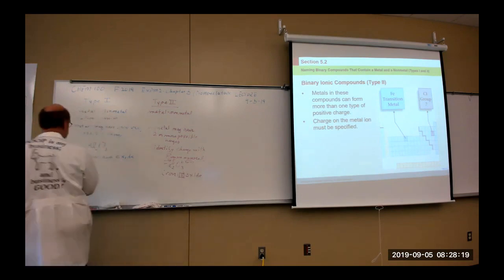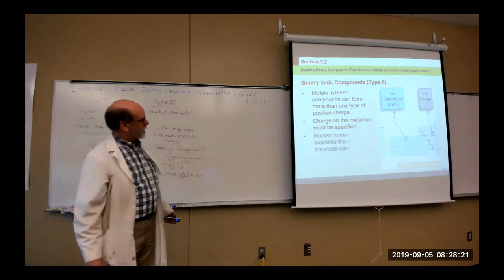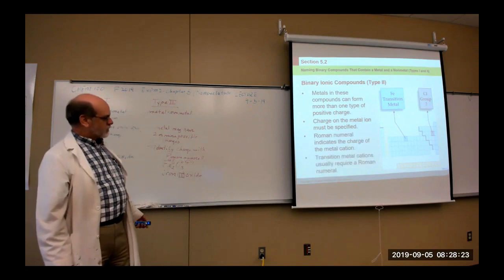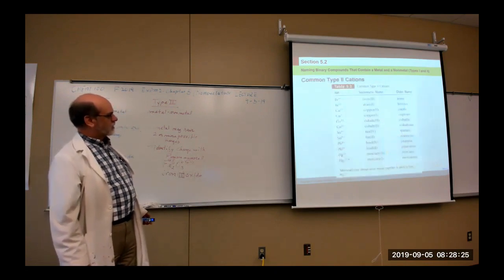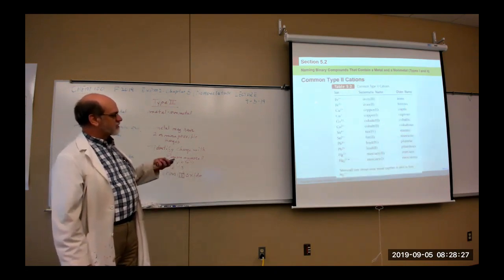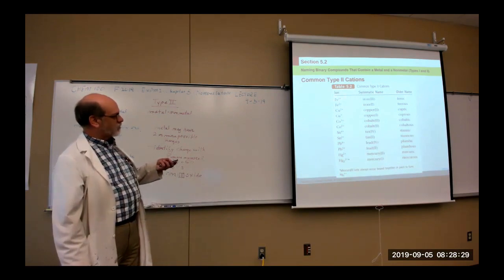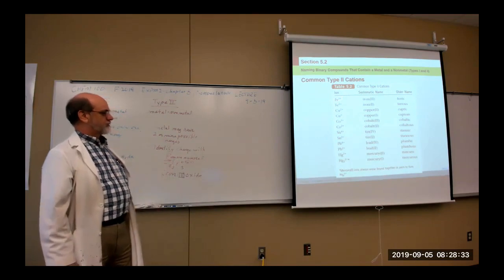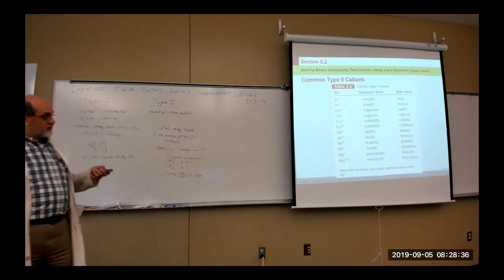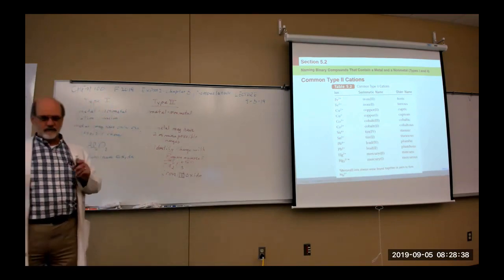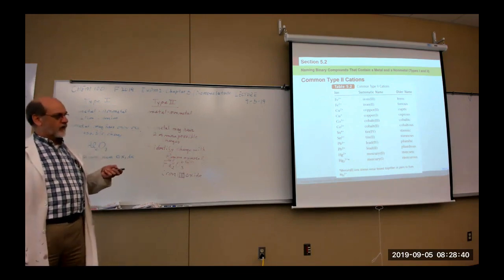Let's see if we can do, well, we've probably got examples up here. Why don't I let slideshow do some of the work? There's some possibilities. So iron, we worked with this one right here, iron 3 plus. An older system, you should feel lucky that you don't have to learn the older system.